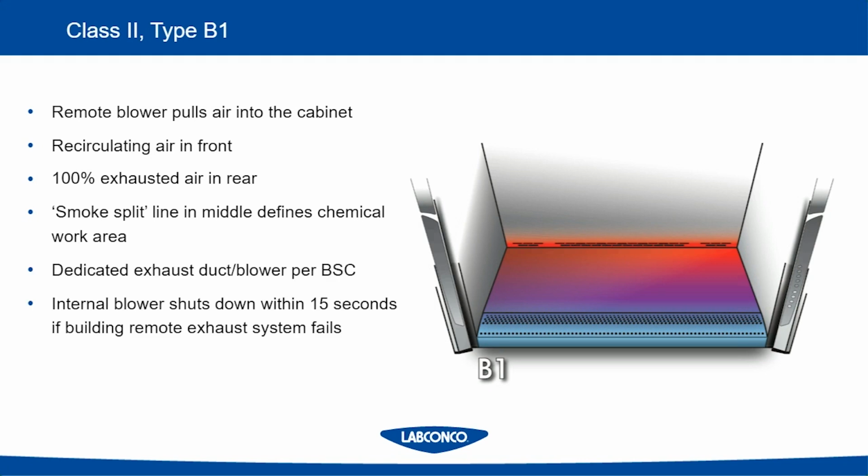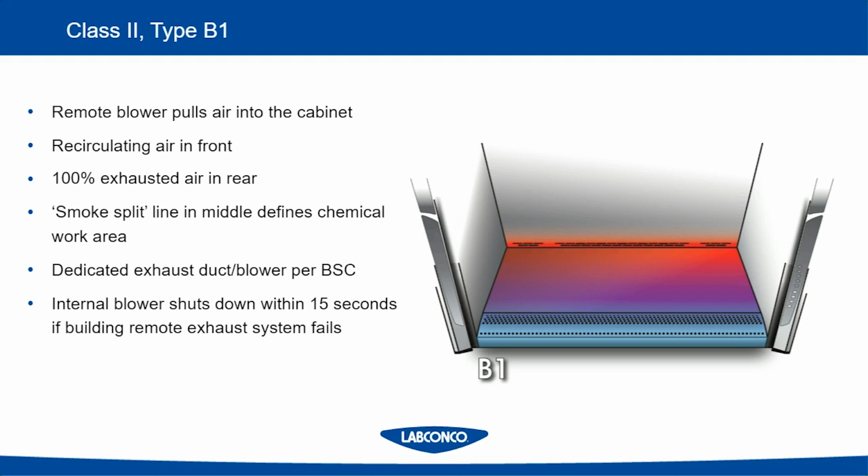Each of these BSCs require a dedicated exhaust blower and exhaust duct for each BSC. The reason for this is that unlike the class 2 type A2, where the internal blower is providing some exhaust, in the type B cabinets, the exhaust is 100% relying on a remote exhaust blower.